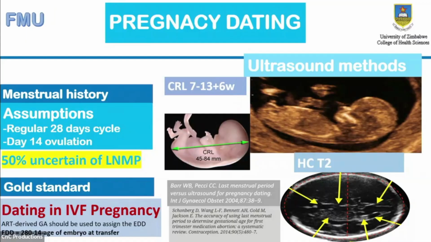You do the head circumference, not to date the pregnancy, but to assign a gestational age. Then when you do the other measurements, you can compare to see if there is symmetry or asymmetry in the measurements, which will help you. Then you can do some growth intervals afterwards, which I'll be talking about in subsequent slides.